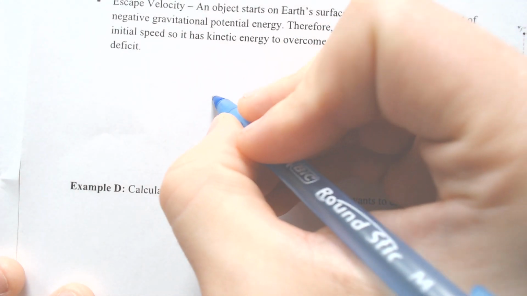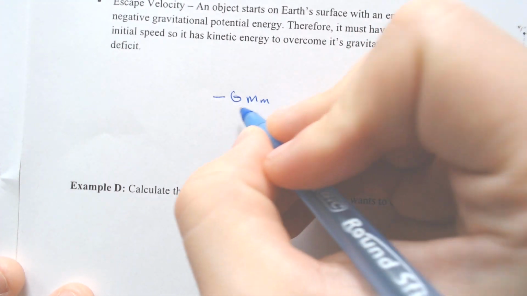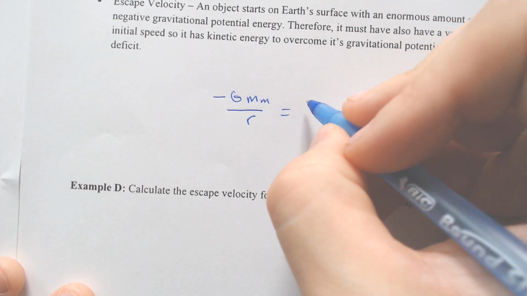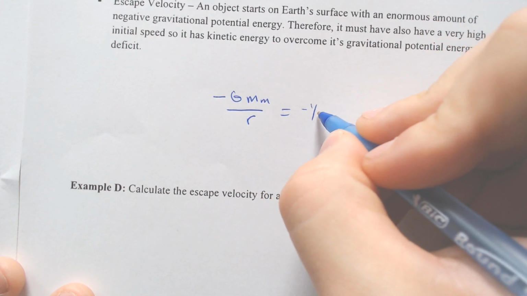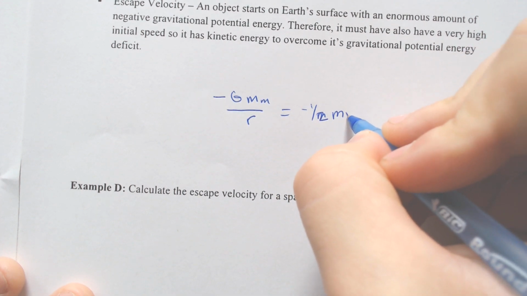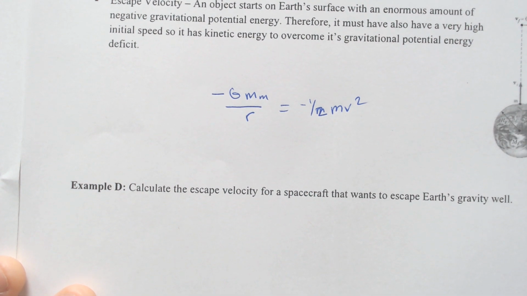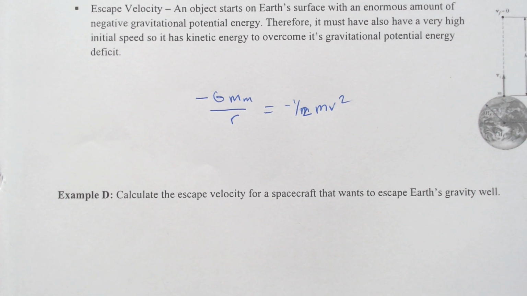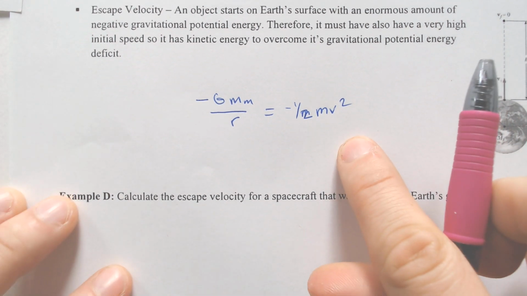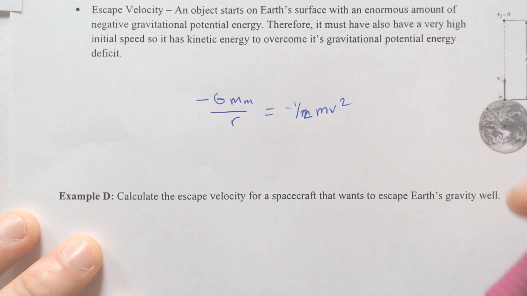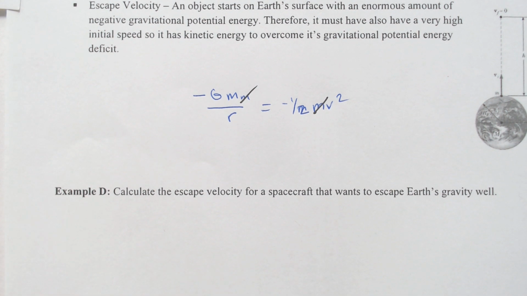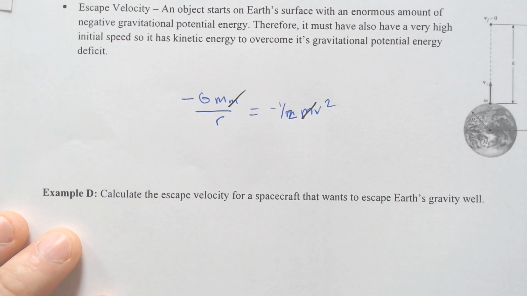So we would need this negative GMm over r to be equal to negative 1/2 mv squared. That is due to the fact that if we were kicking an object or trying to move something out of the Earth, and we had no extra acceleration added, how fast would it have to be going? Well, the masses are going to cancel. Not the mass of Earth, but the mass of the object, which makes sense because it's not really significant anyway.